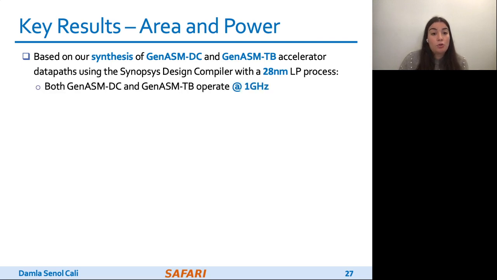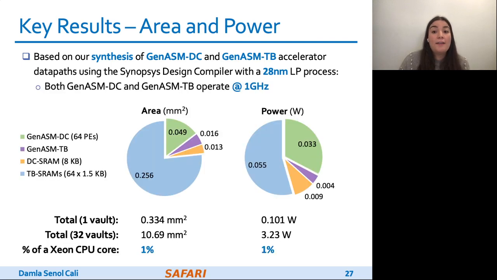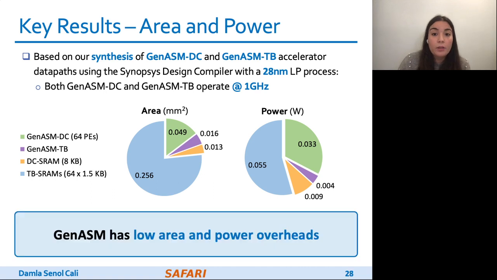Both accelerators operate at 1 gigahertz, and we find that for 32 GenASM accelerators, one for each HMC vault, total area overhead is 10.69 square millimeters, and total power consumption is 3.23 watts. We observed that both area and power consumption of GenASM at a single vault is around 1% of the area and power consumption of a single Xeon CPU core. So GenASM has low area and power overheads.